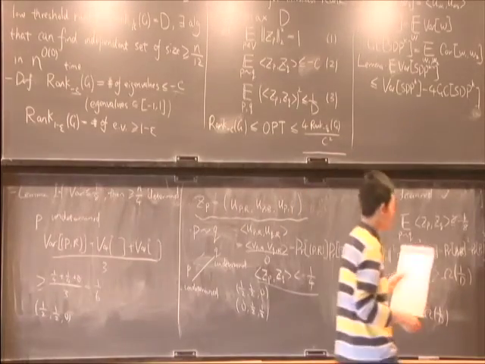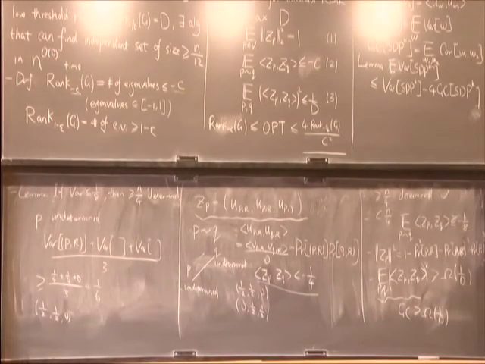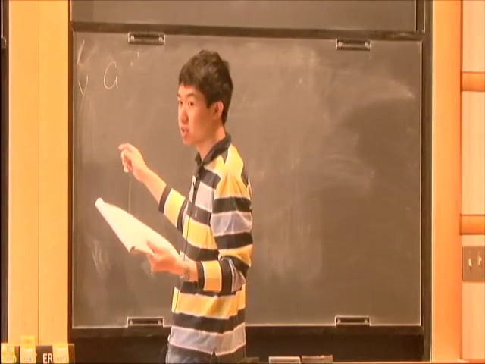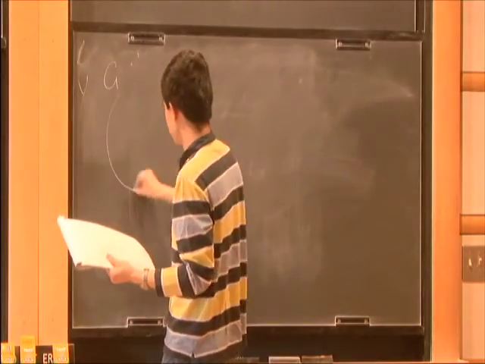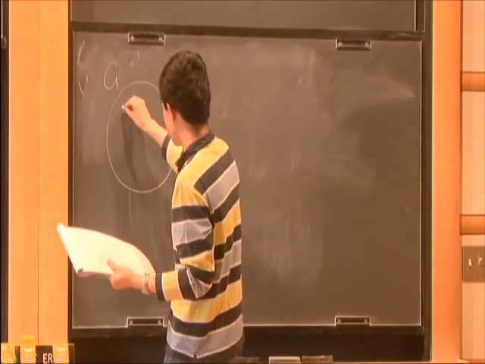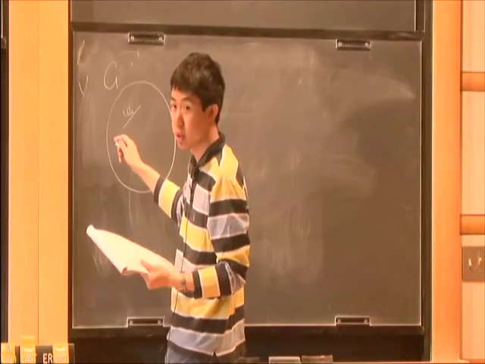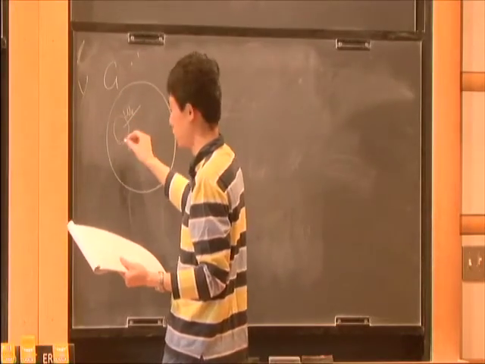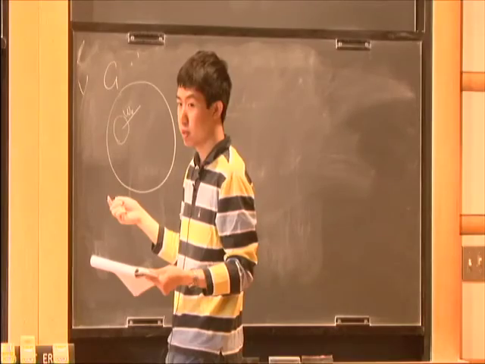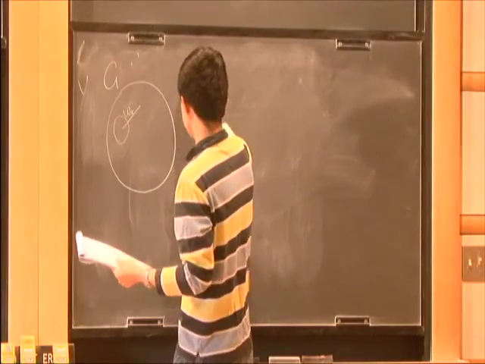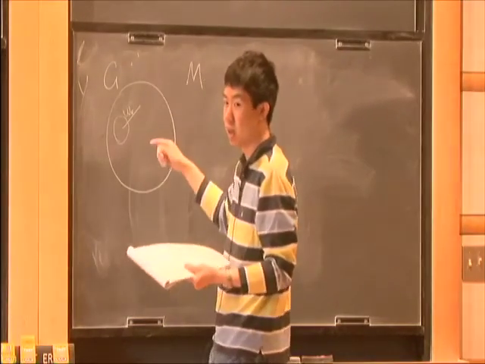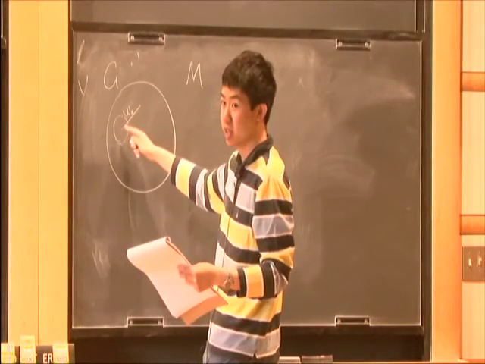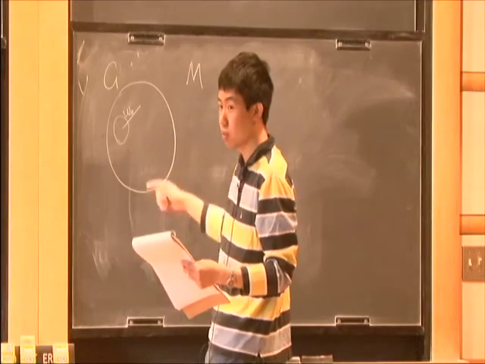G doesn't have to be a regular graph, but you can arbitrarily weight the edges of this graph G. So you have graph G, you assign weights to the edges, so that after the reweighting, this graph is now a regular graph. You call this matrix M, the weighted adjacency matrix of this weighted graph.